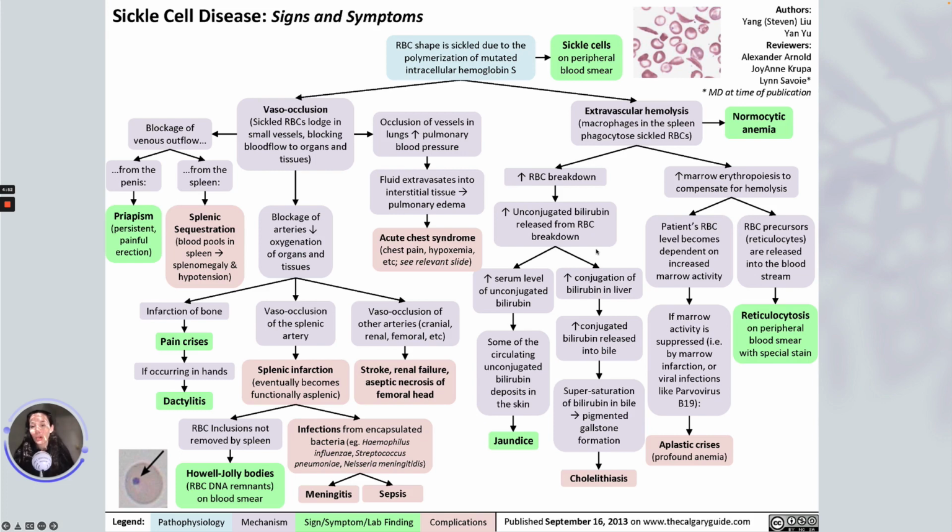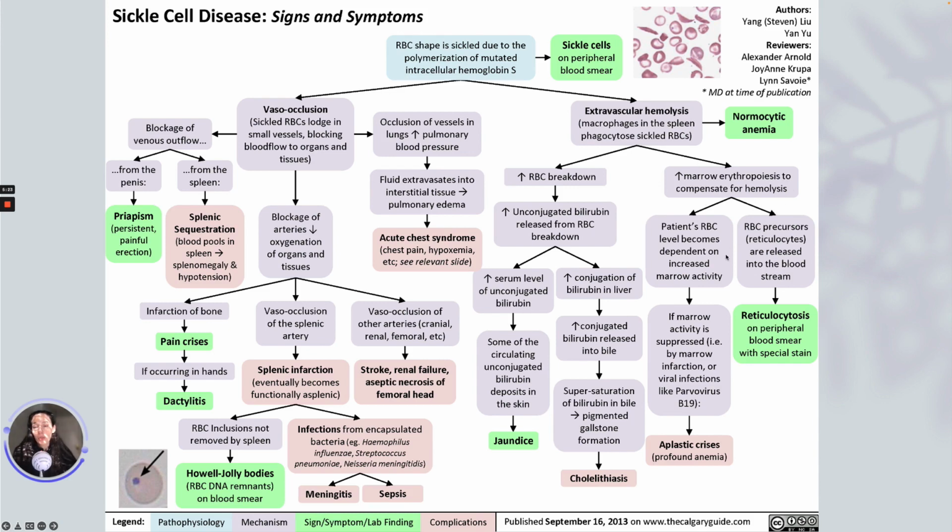So you'll see an increase in the level of unconjugated bilirubin in the blood, and some of it will deposit into the skin, so we'll see jaundice. It can also lead to an increase of conjugation of bilirubin in the liver, which releases into the bile and causes cholelithiasis.